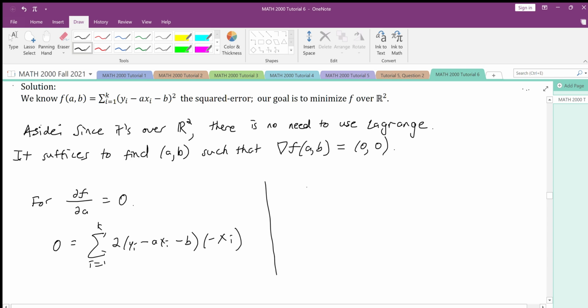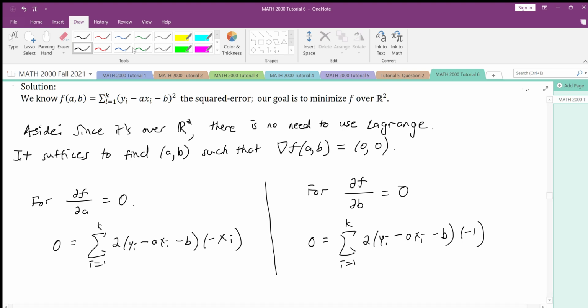And then for partial of f with respect to b, you get this: the sum of 2 (yi minus a xi minus b) times minus 1.